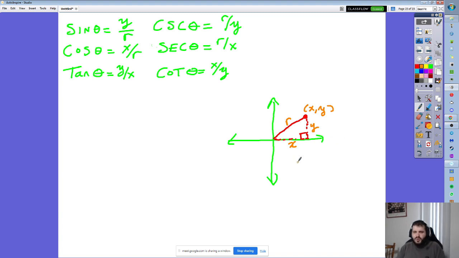But right now, all you really care about is that in this right triangle that we made out of this terminus, x is this one, y is this one, and r is this one. And if you think about it for a second, the opposite side is y, isn't it? The adjacent side is x, and the hypotenuse is r.